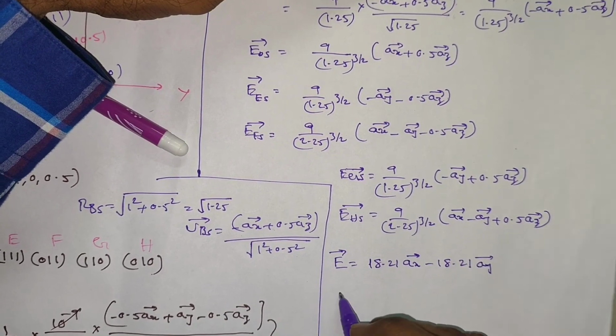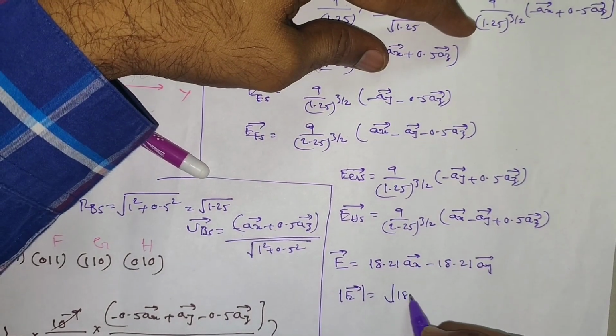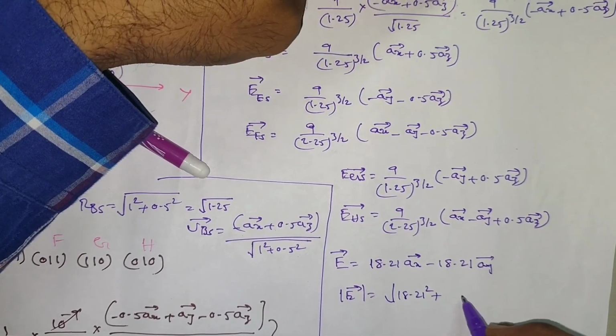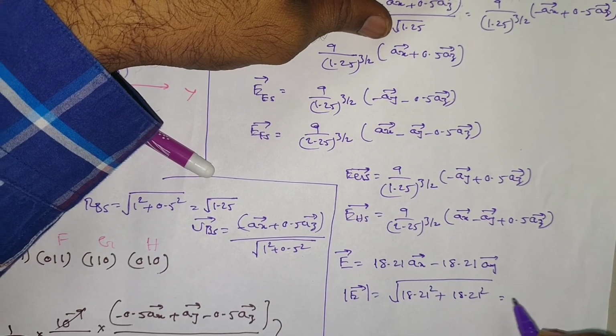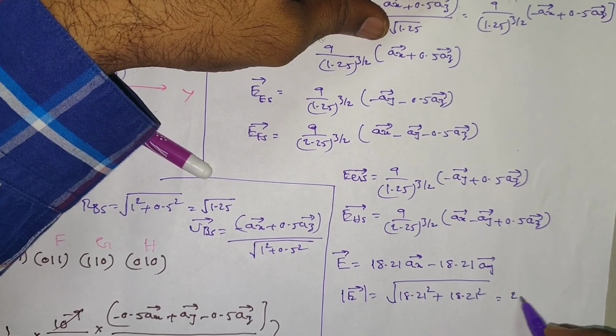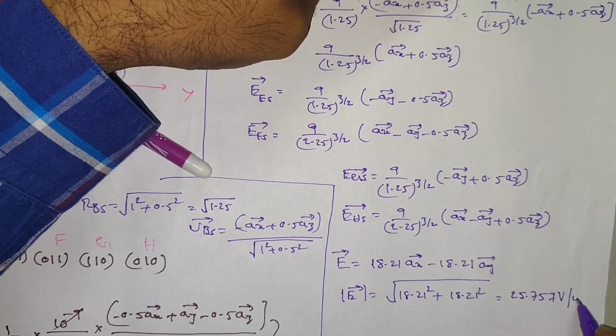If you find the magnitude of this, it is the square root of 18.21 square plus 18.21 square, which gives a resultant of 25.757 volts per meter.